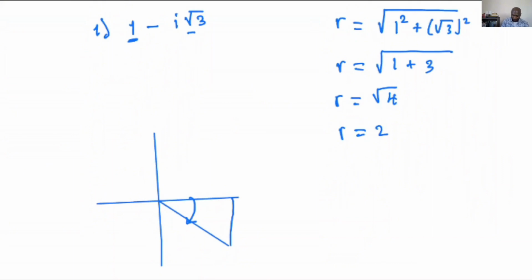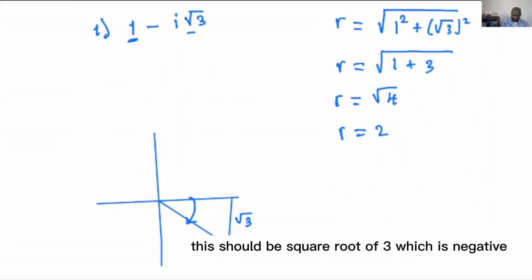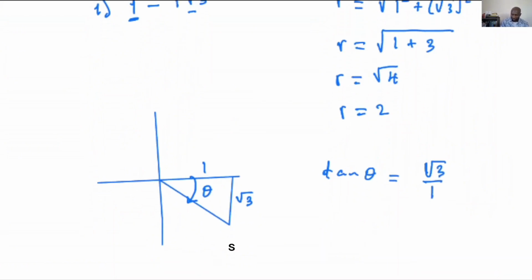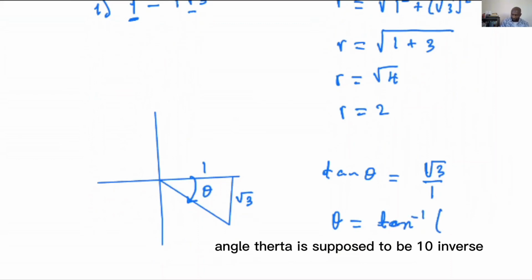So this should be square root of 3, which is negative, and this should be 1. And then this is our angle theta, which is supposed to be negative. So, tan of theta is root 3 over 1. So the angle theta is supposed to be tan inverse of square root of 3.